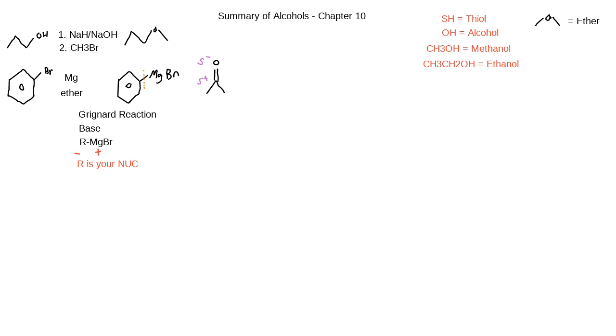The negative charge is right here. The positive charge is here. The positive charge leaves as your quote-unquote leaving group. Let me fix that. Okay, and then this negative charge will come in and attack right here. Okay, so when that happens, let me draw out the result.